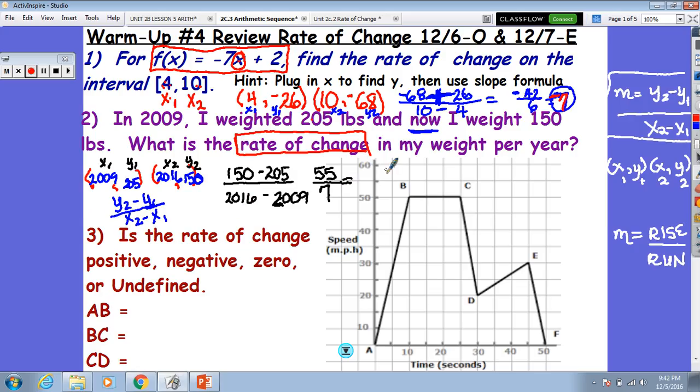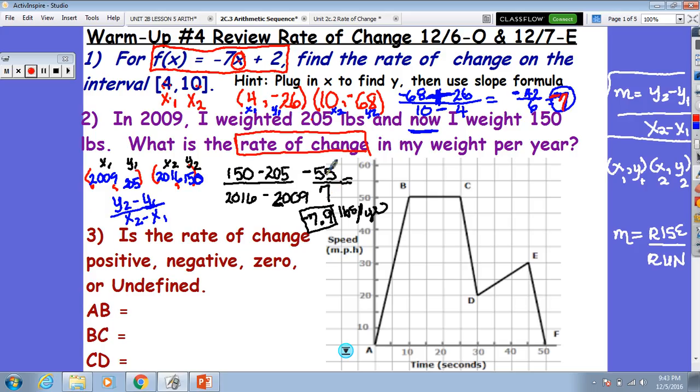So this equals 7.9, and I did round that, 9 pounds per year, and that should be negative. The 55 should have been negative, and this would be negative 7.9.